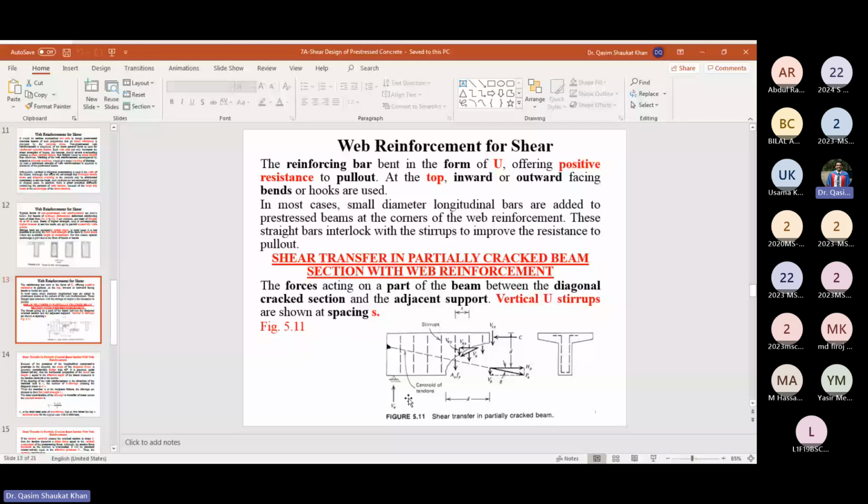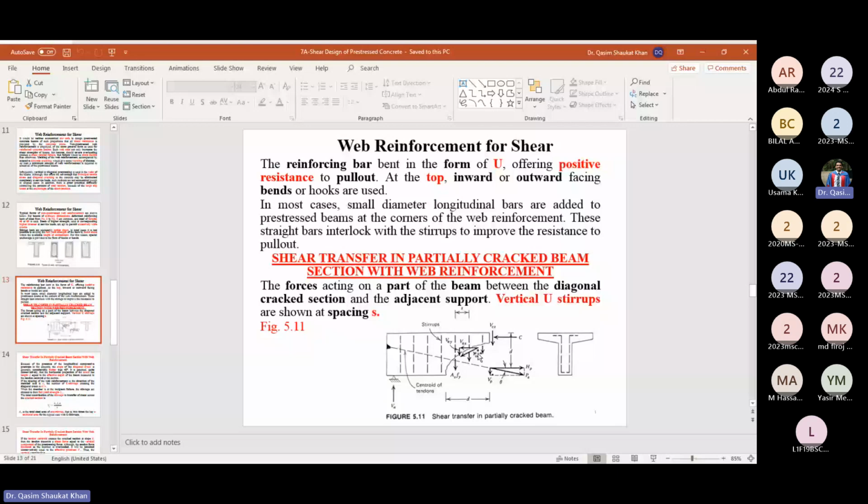So the forces acting on a part of the beam, between the diagonal cracked section and the adjacent support. So this is the adjacent support, this is the diagonal cracked section. Vertical U stirrups are shown.